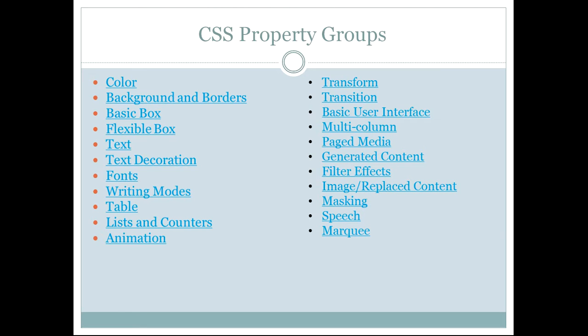So these are all of the CSS property groups. These are all the groups that we use for the declaration for each element. So we have the color, background, basic box, flexible box, text decoration, fonts, and so on.